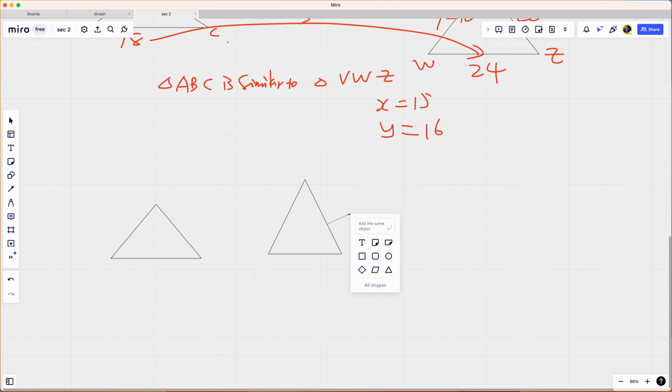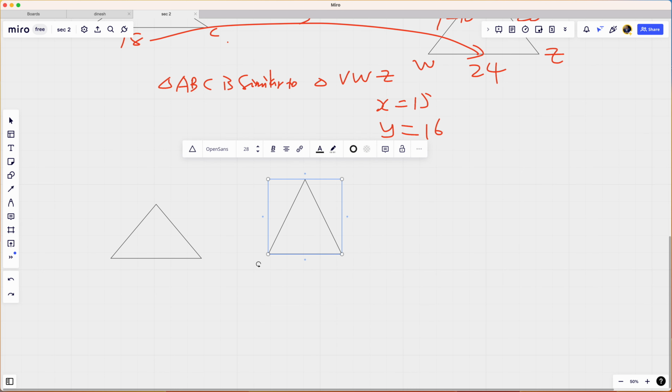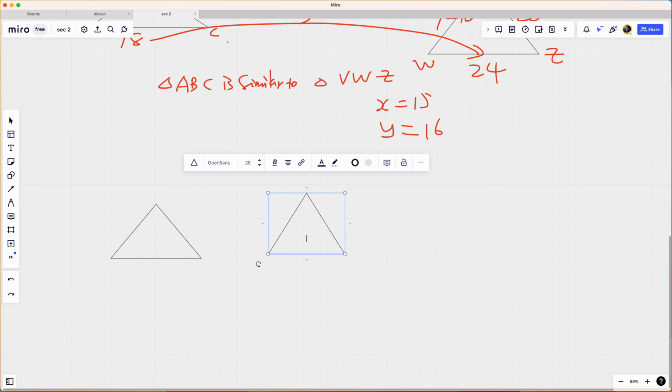Okay, then they say what? GHK. Okay, I get GHK first.